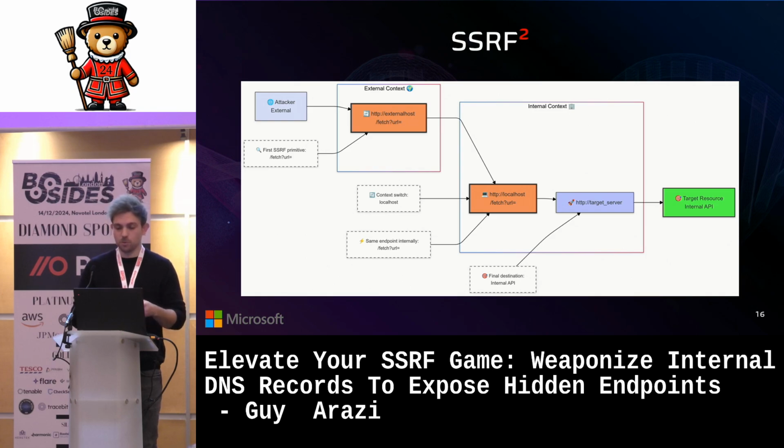This URL parameter will then be fed into the same primitive that points to the localhost, and then we can chain this up, because we're now in a different security context, we can chain it up with things that are blocked from the outside to the inside. So essentially, if this target server or essential API endpoint is blocked from the outside, we can chain the SSRF and run it twice in order to find targets that are blocked from the outside.